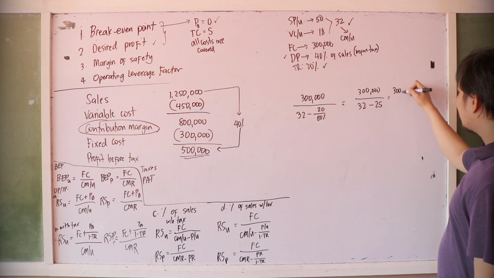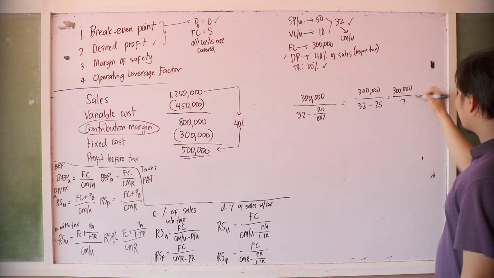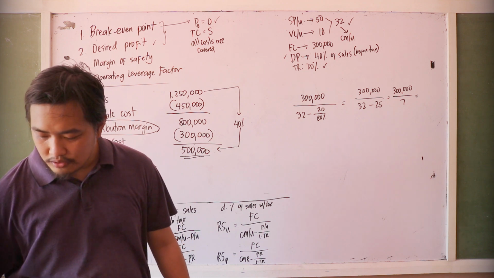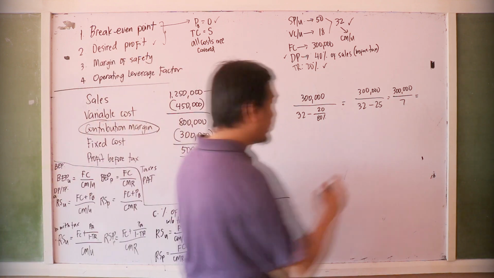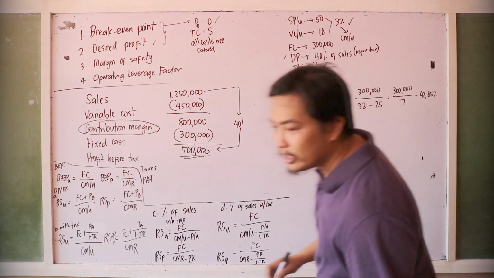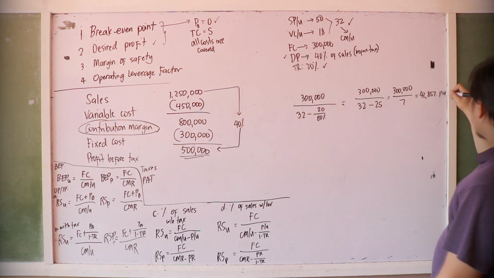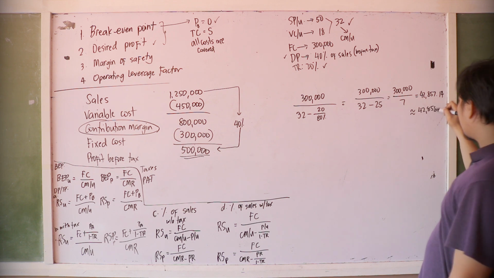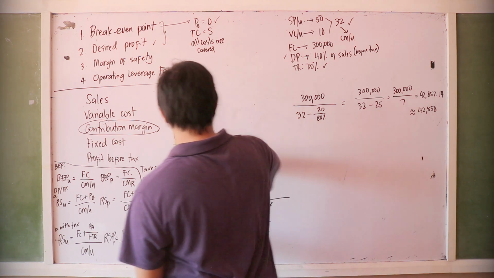Therefore, 300,000 over 7. 300,000 over 7 is 42,857.14. I-round up natin siya to 42,858. Check natin kung tama.